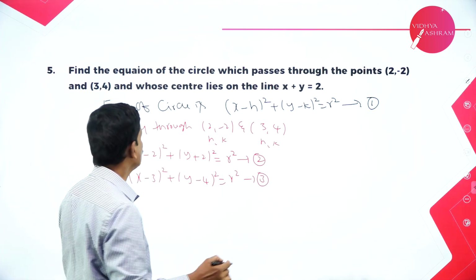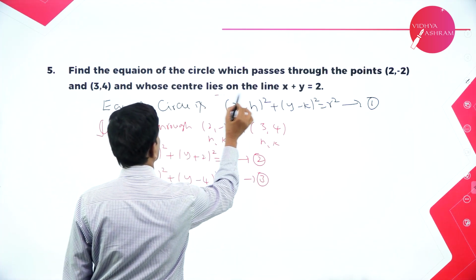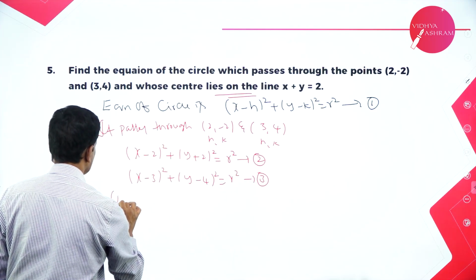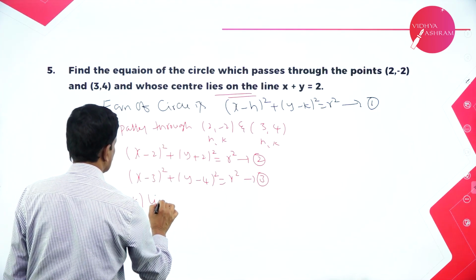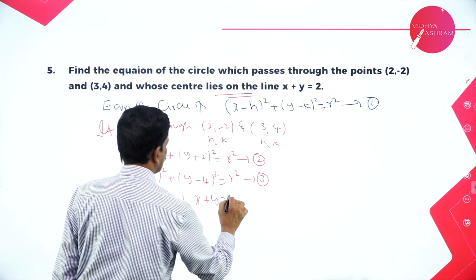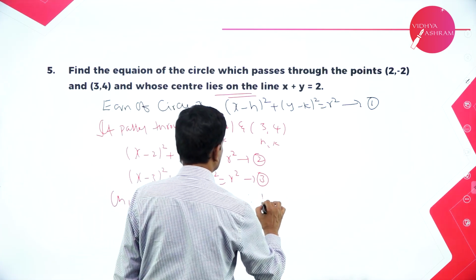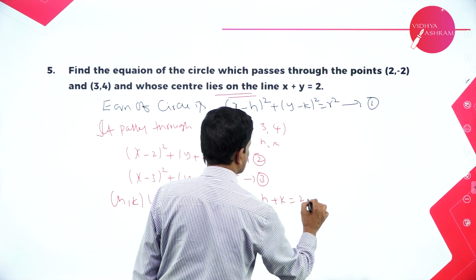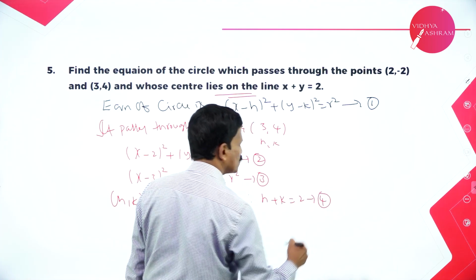And further, what is the given condition? The center (h, k) lies on the line x plus y is equal to 2. Therefore h plus k is equal to 2. Let us call this equation number 4.